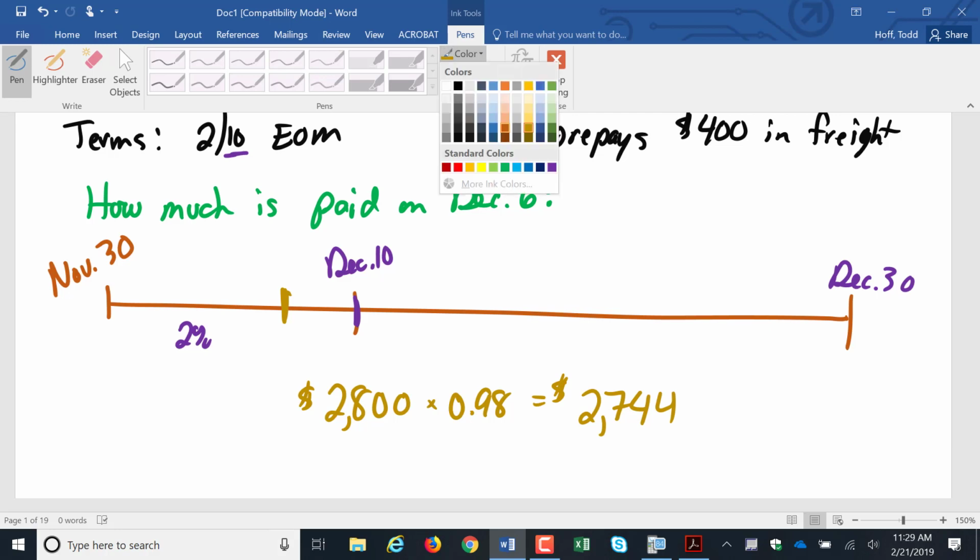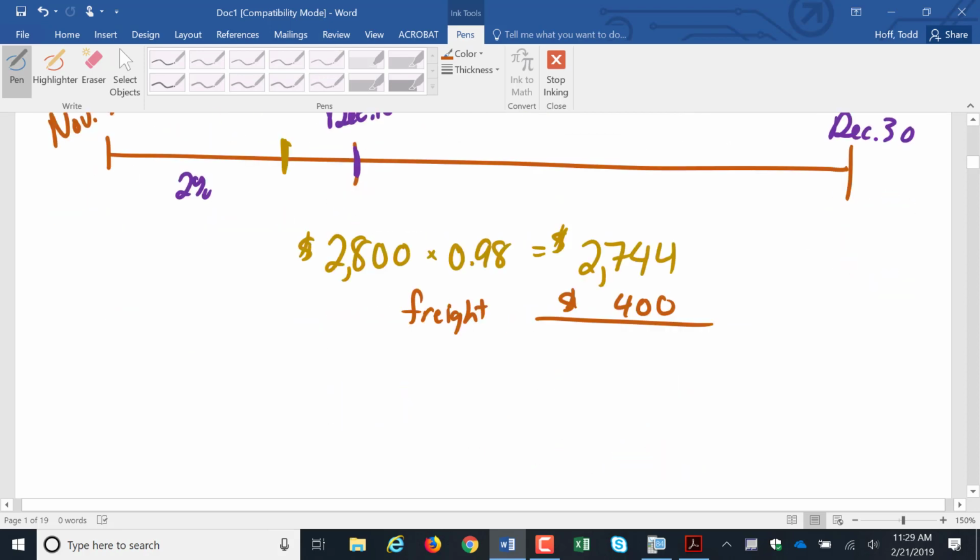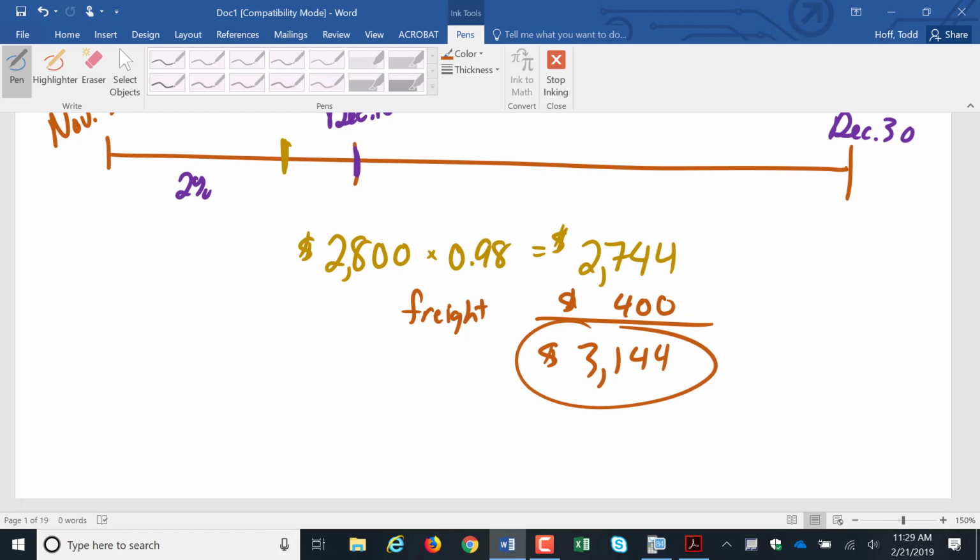And to that, we're going to add our freight of $400. So the total paid here would be $3,144 if paid on December 6th. So that is end of month dating and receipt of goods datings for our invoice date modifiers.